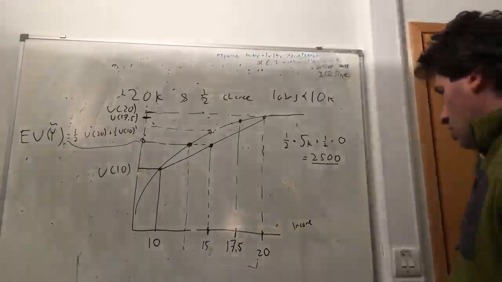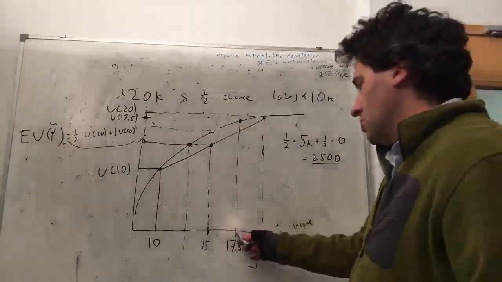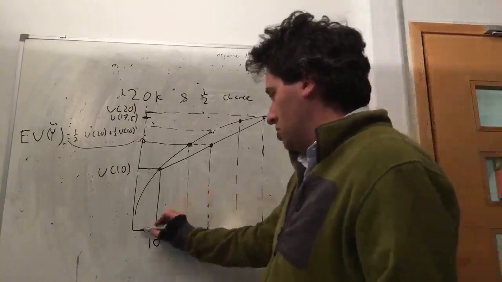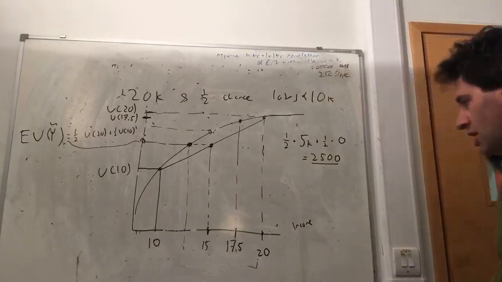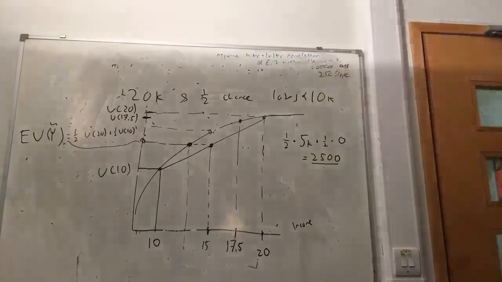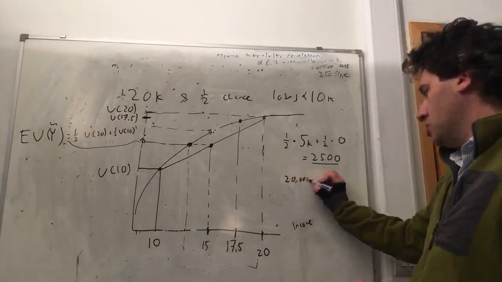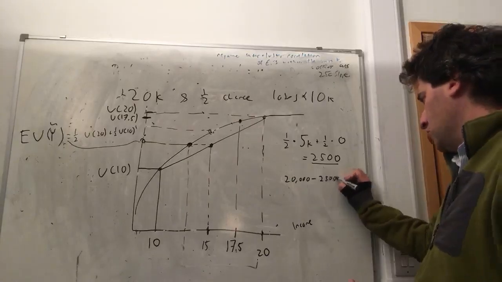Okay, or after having bought the partial insurance, they do suffer a loss. Remember the loss is 10,000, so the loss takes them down to 7,500, way down here, but then they're compensated for half of that loss. So what do they end up with? Well, they started with 20,000. They paid 2,500 for the insurance.